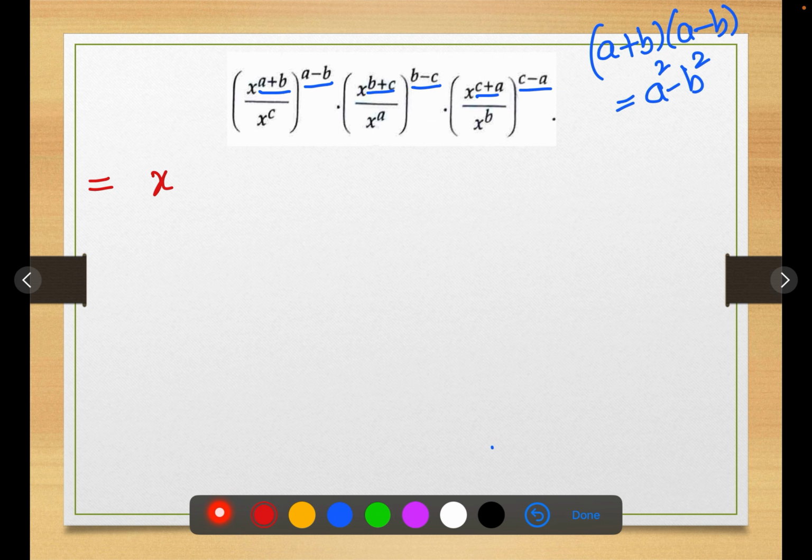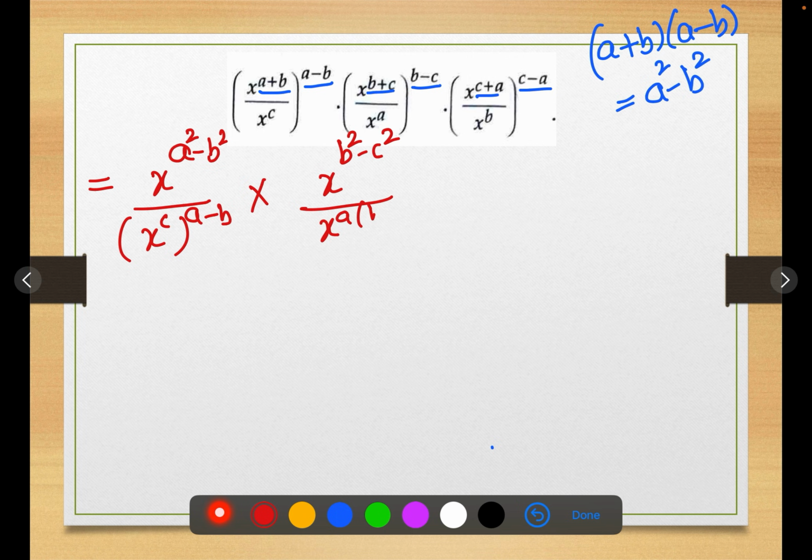Now I am writing directly a square minus b square upon x to the power c to the power a minus b, x b square minus c square, x to the power a b minus c, x c plus a, c minus a, x to the power b c minus a. Now let's combine all the numerators and the denominators.